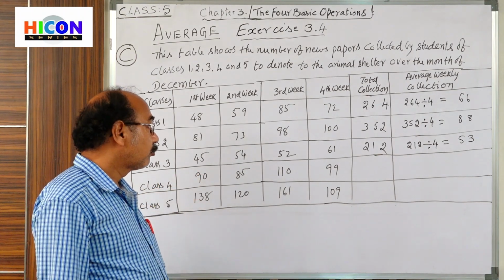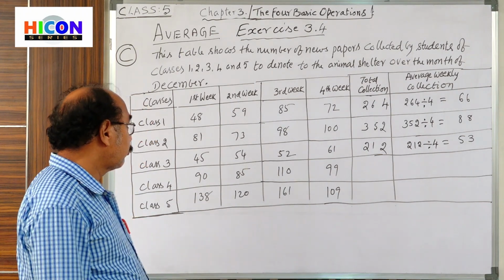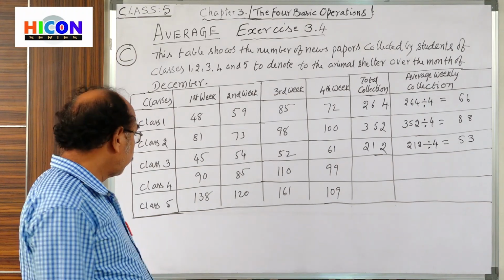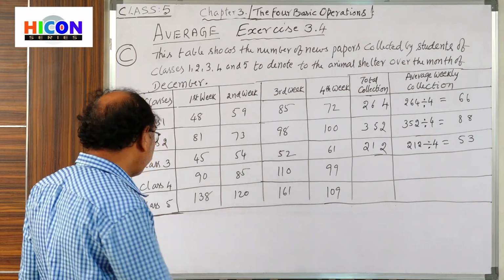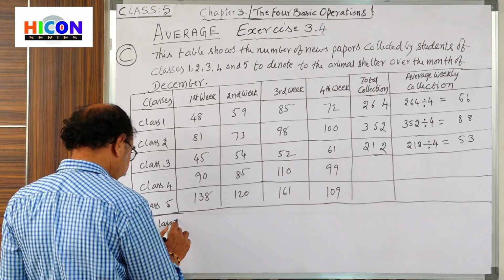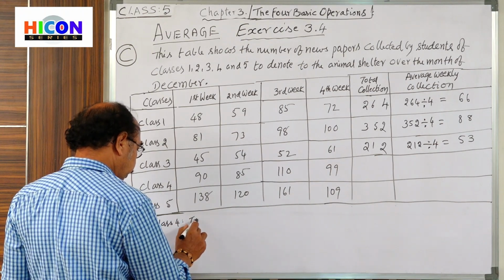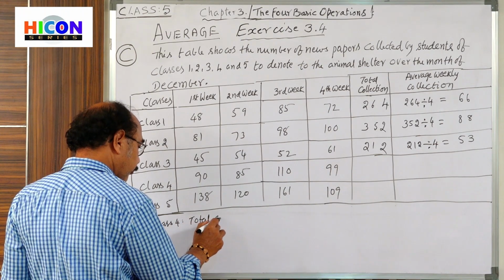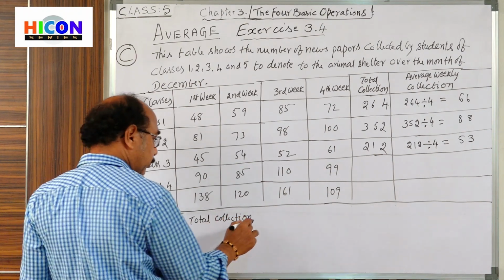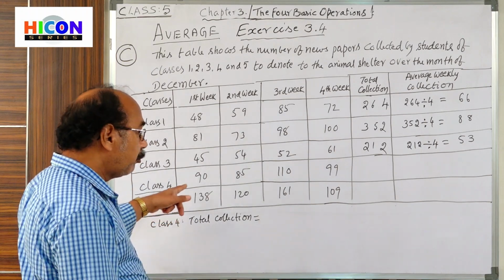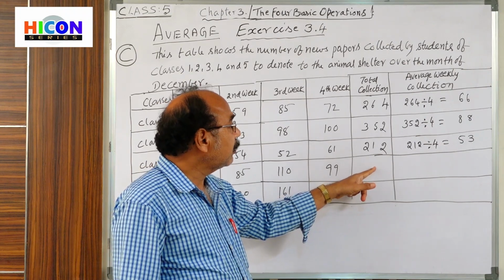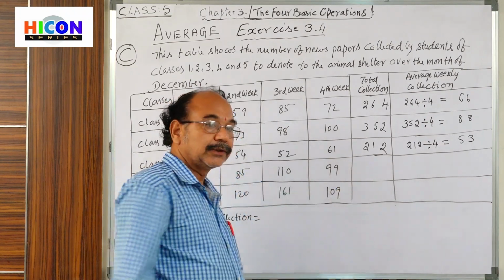Class 4. Total collection of the newspapers from class 4. How can you find the total collection? Suppose you take class 4 here. Class 4 total collection is equal to, by adding the 4 numbers, we get the total collection of 4th class.